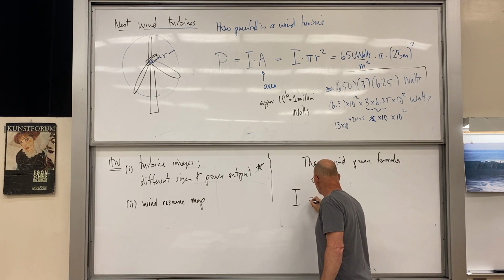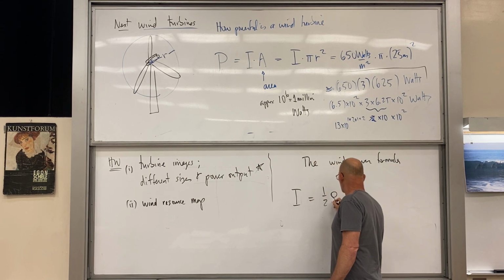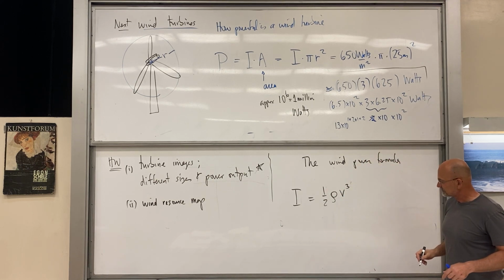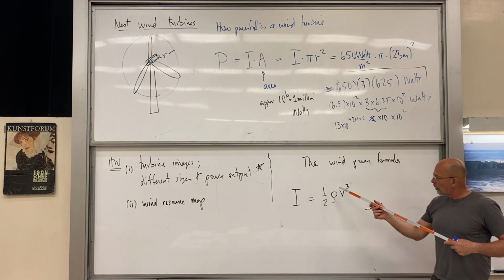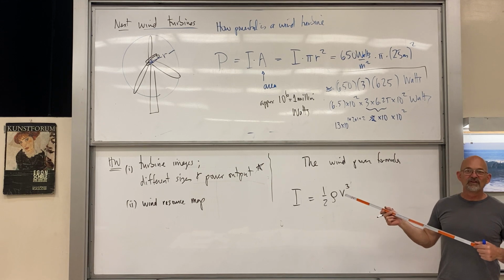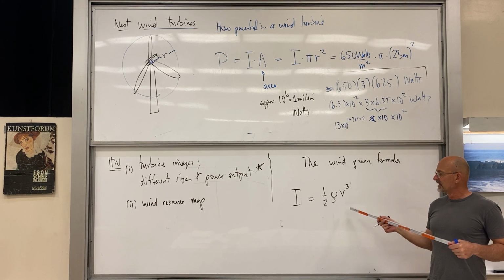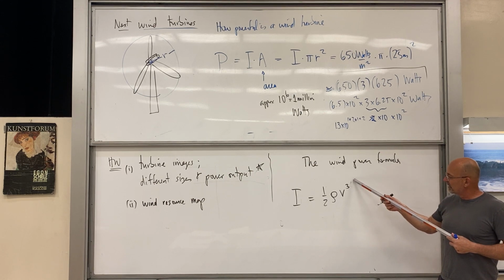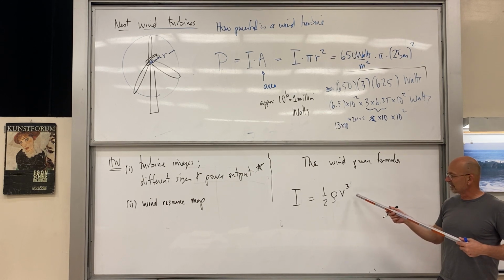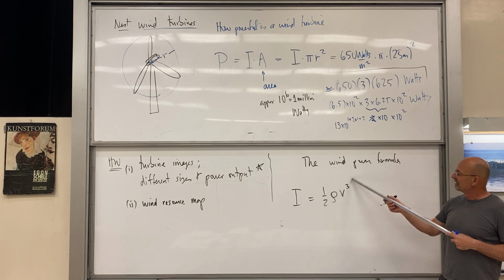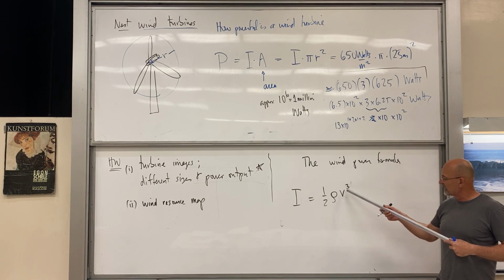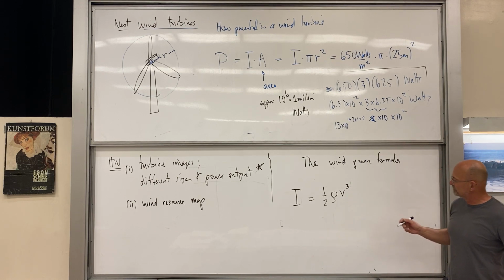We've got that intensity 1/2 rho V cubed. Here's the question: what happens when the wind is going slower? This cubic dependence of the power, you know, power per meter squared. The cubic dependence is very important, and it has the following consequence.